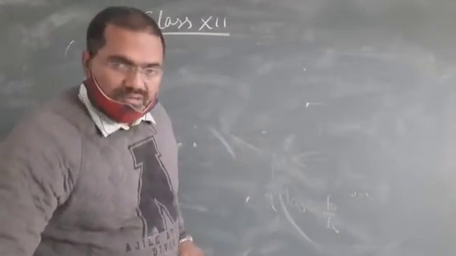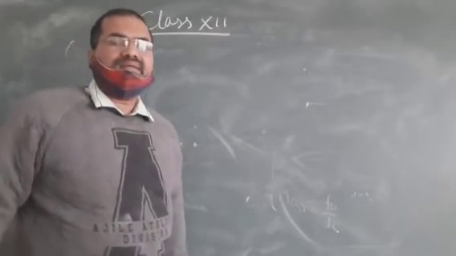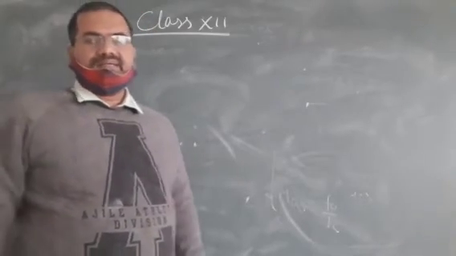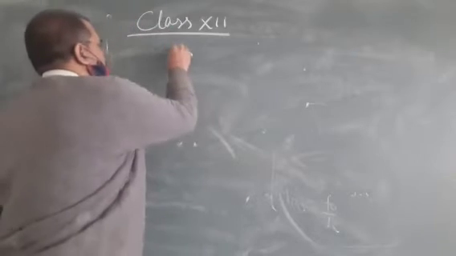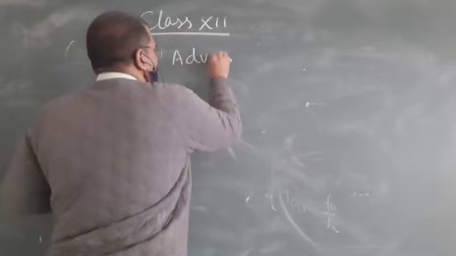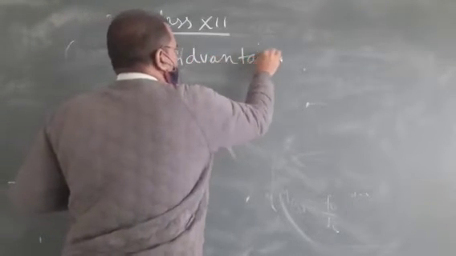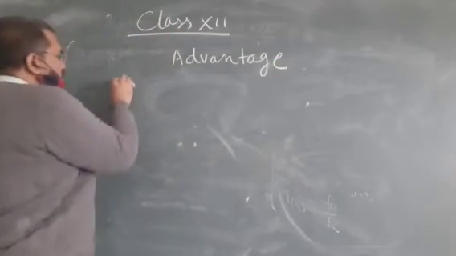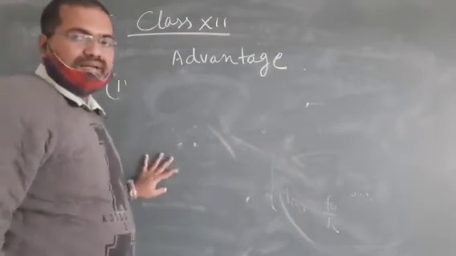Now write down advantages of reflecting type telescope over refracting type telescope. So advantages. Advantage number 1. Write it down.